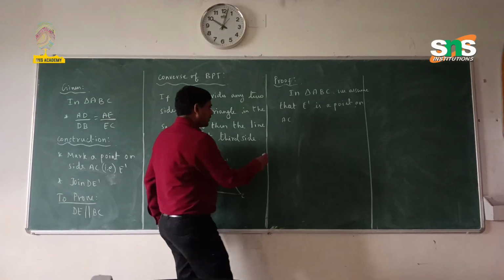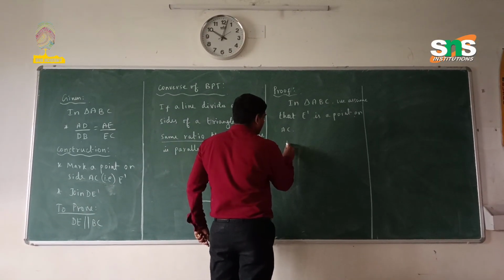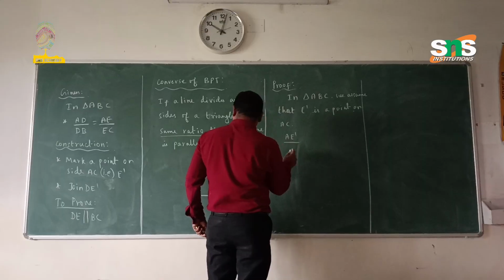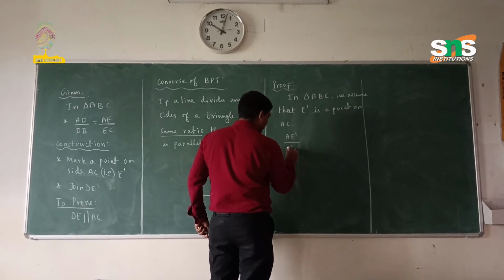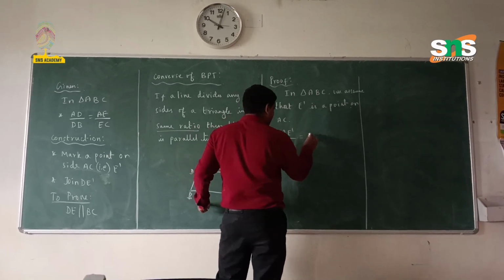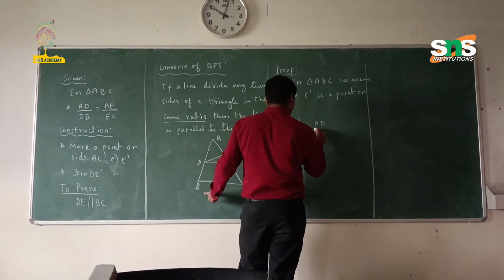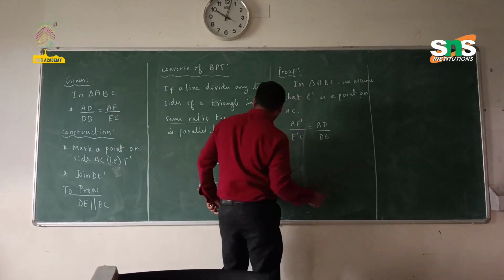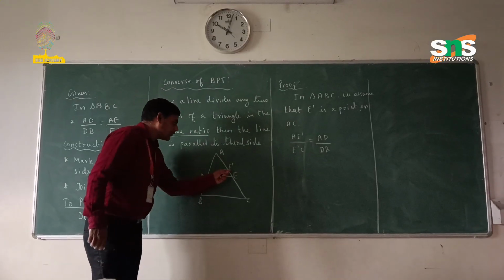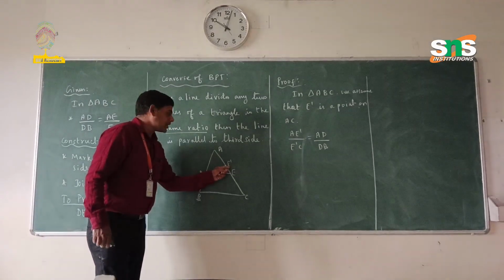After that, from this we can say that AE dash divided by E dash C is equal to AD divided by DB. So we are taking one more point, that point is E dash.